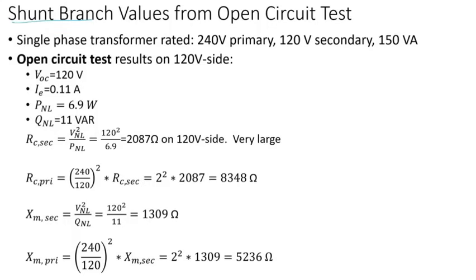In the open circuit test, these are the values we measured. The primary will have RP, JXP, that's the impedance of the primary side.